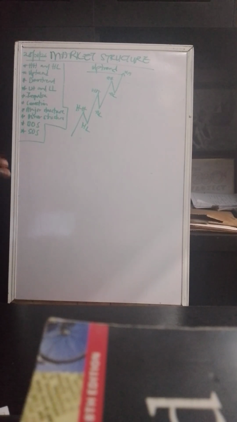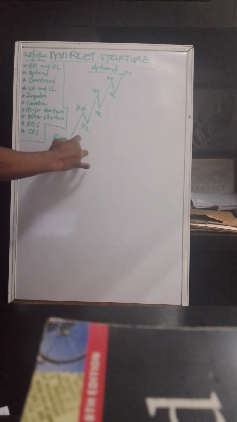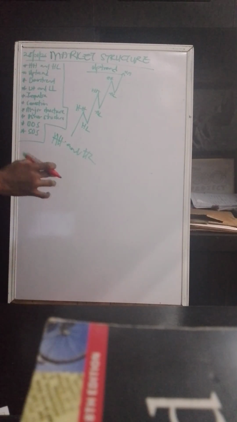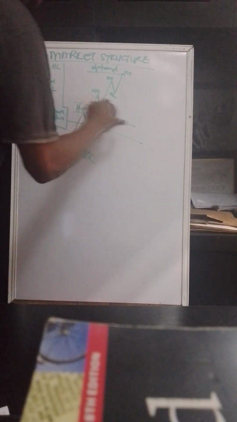Swing points are higher highs and higher lows. So when we are dealing with an uptrend, we always want to spot those higher highs and higher lows and wait or look for the market to come back to it.